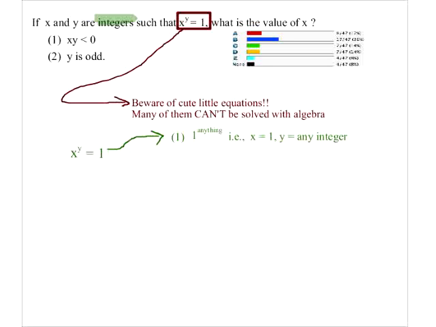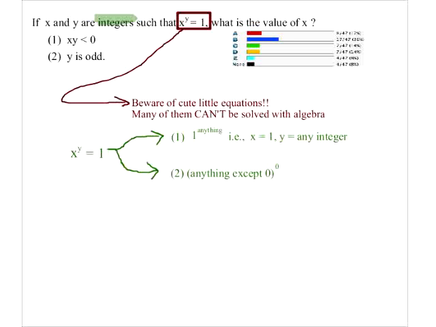There's another way of doing it. Another way to do it is to raise any number except 0 to the 0 power.